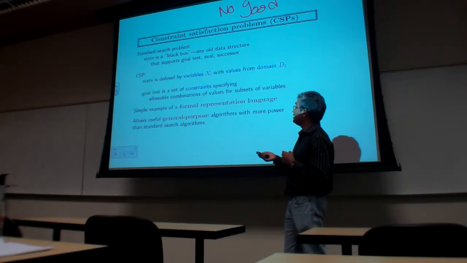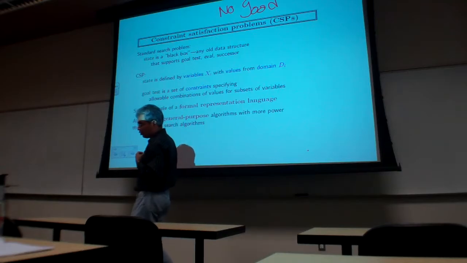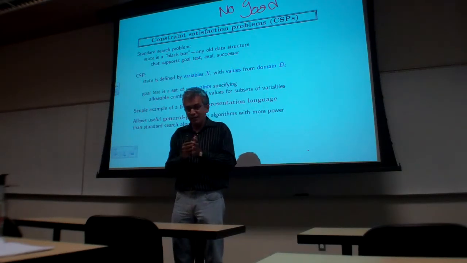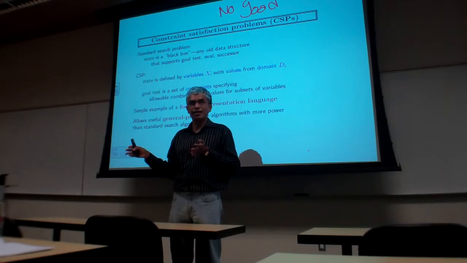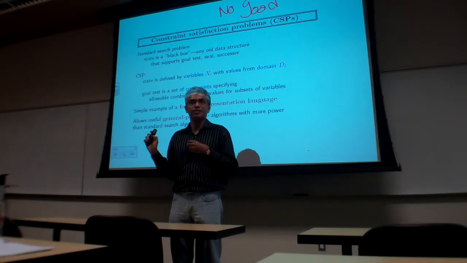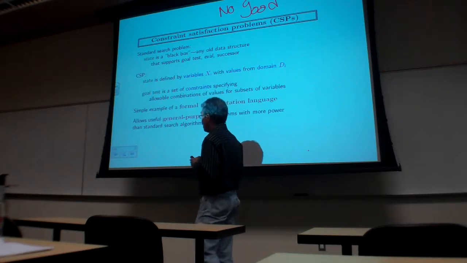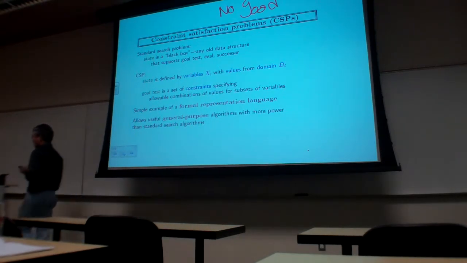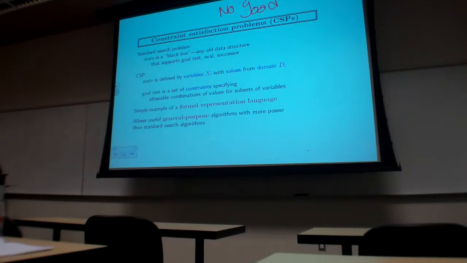From a very simple search point of view, the goal state is any state in which all the variables have assignments and none of the constraints are violated. That's it. Now, why not just do it the brute force way? If you have n variables and the maximum domain size of any of these variables is d, then the total number of complete assignments is d power n.